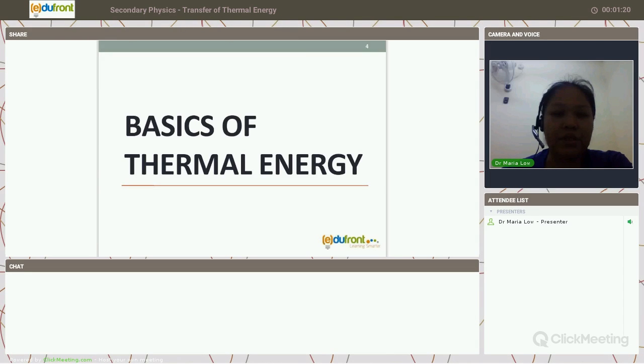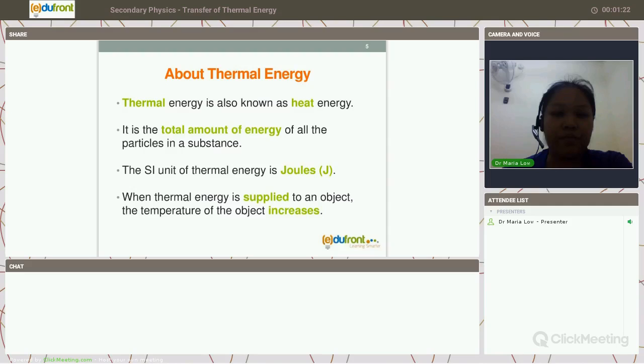So let's take a look at the basics of thermal energy. What is thermal energy? Thermal energy is also known as heat energy. It's the total amount of energy that all the particles in a substance have. The SI unit of thermal energy is the joule. And when thermal energy is supplied to an object, the temperature of the object will increase.